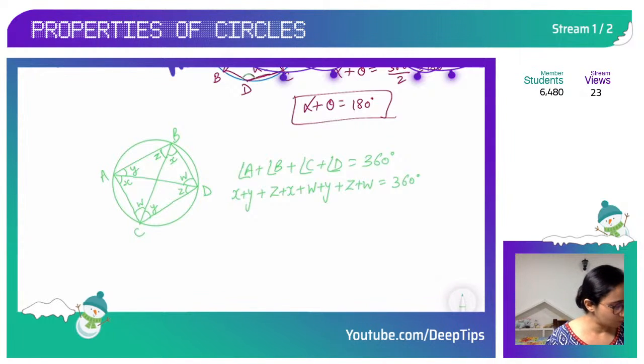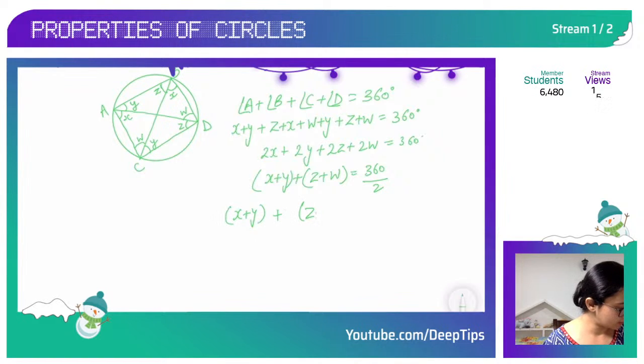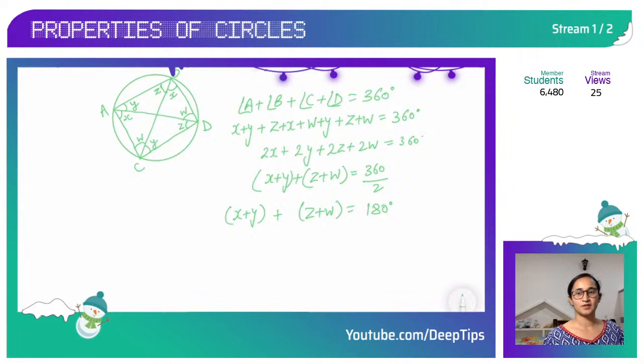Now 2x plus 2y plus 2z plus 2w equals 360, and if I take 2 common, I get x plus y plus z plus w equals 360 by 2, which is 180 degrees.